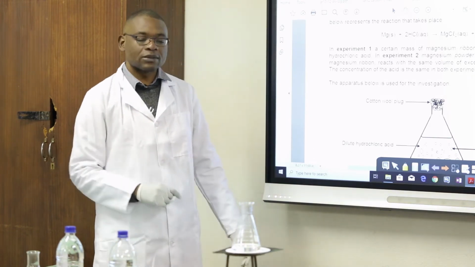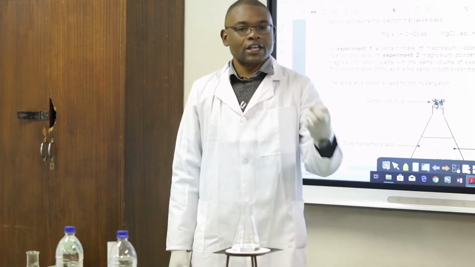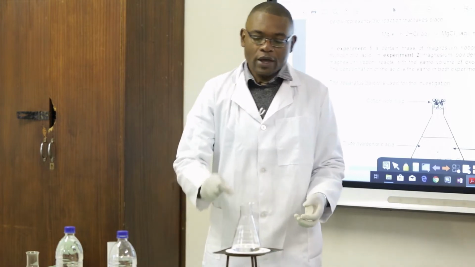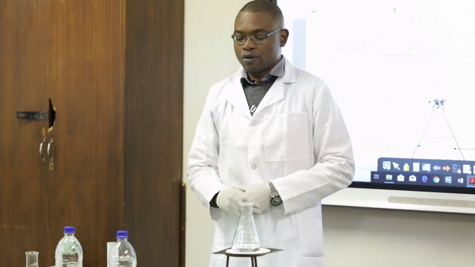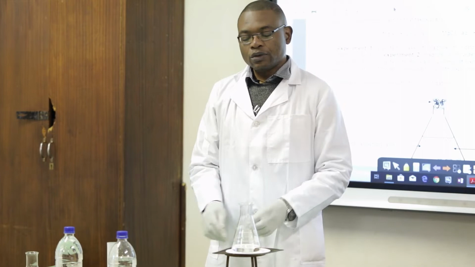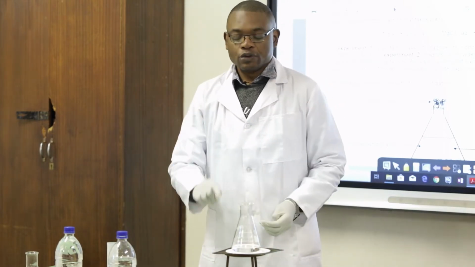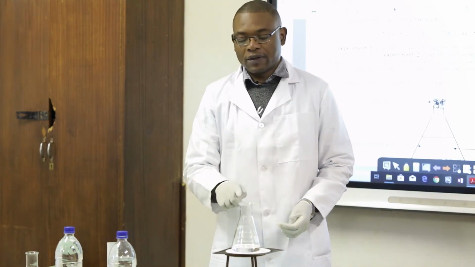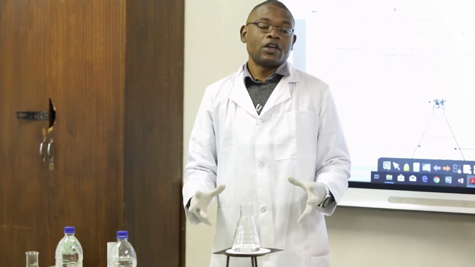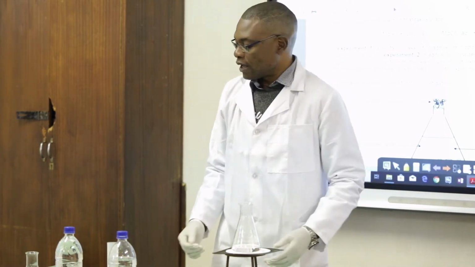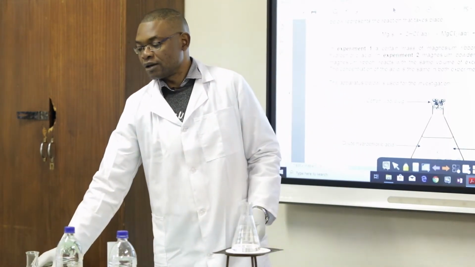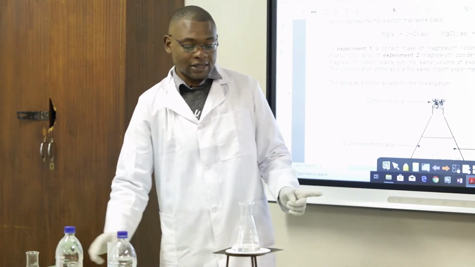So under normal circumstances, we are supposed to have a stopwatch where the moment you drop in your magnesium, you start the reaction, and then immediately when everything disappears, you stop. And then you use your time frames to determine which reaction is taking place faster than the other one. So I want you to look at this.